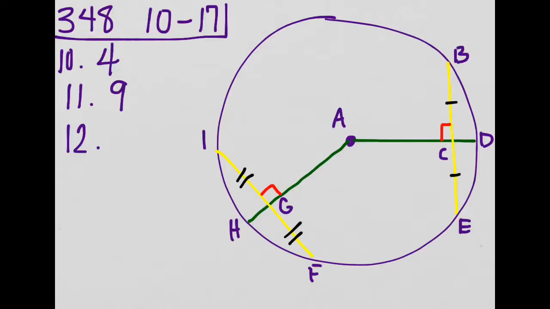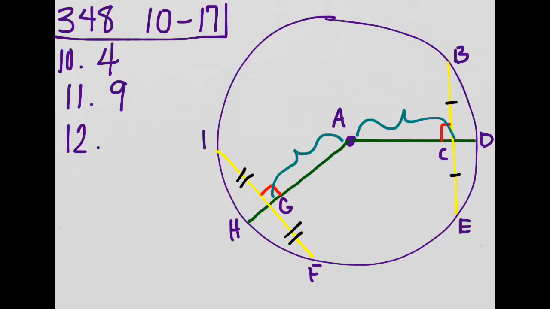So this part and this part are equal, which means that those yellow chords are equidistant from the center, which means they are congruent chords based on our new bit of information.